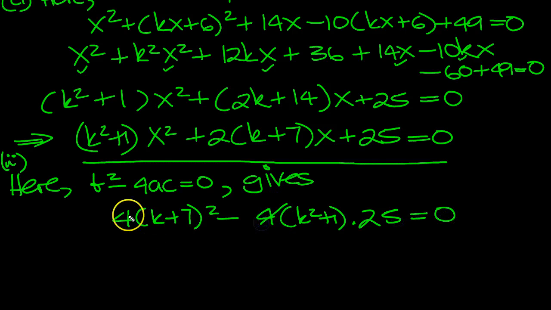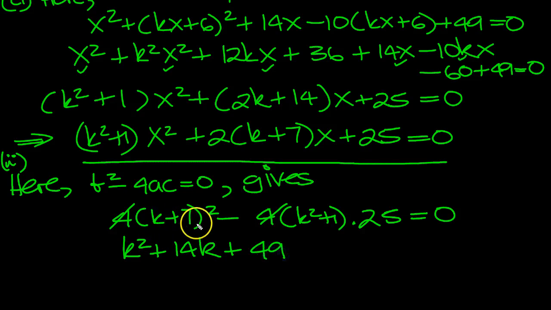So the 4's all the way through the equation in the first and second term cancel, and we get k squared here plus 14k's plus the 49 when we expand this bracket minus 25k squared, okay, minus 25, isn't it?